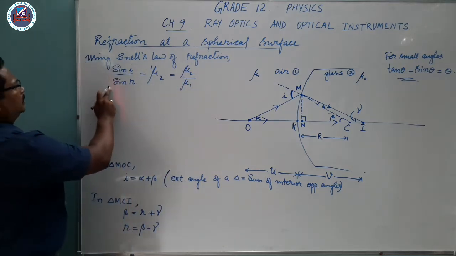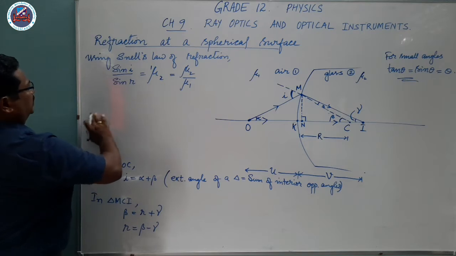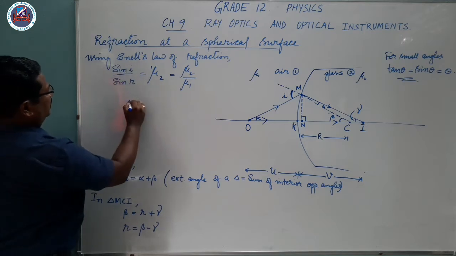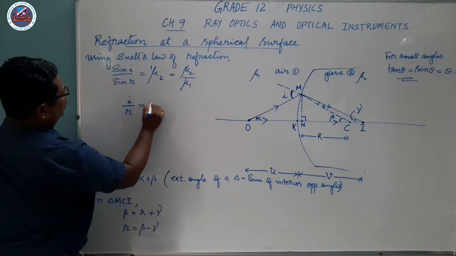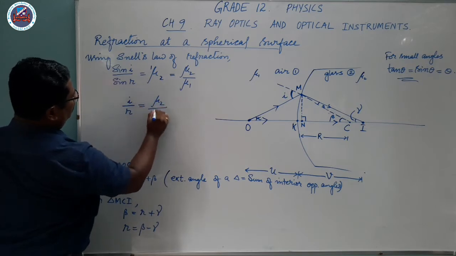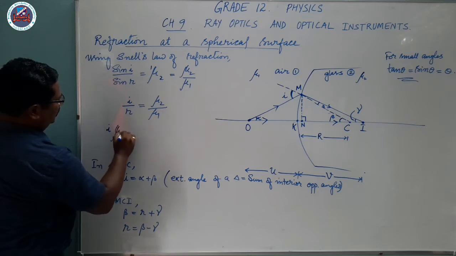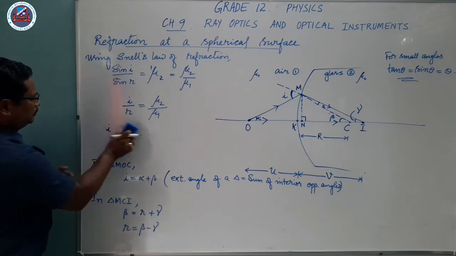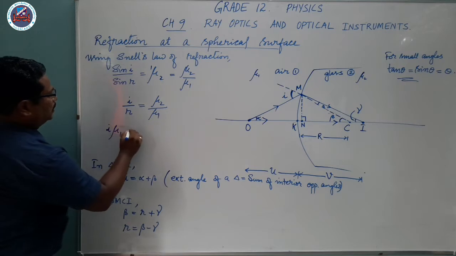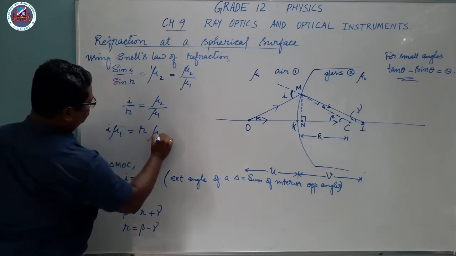Now the angles are very small, so in place of sin you can write I by R is equal to mu2 by mu1, or you can cross multiply first. I mu1 is equal to R mu2.